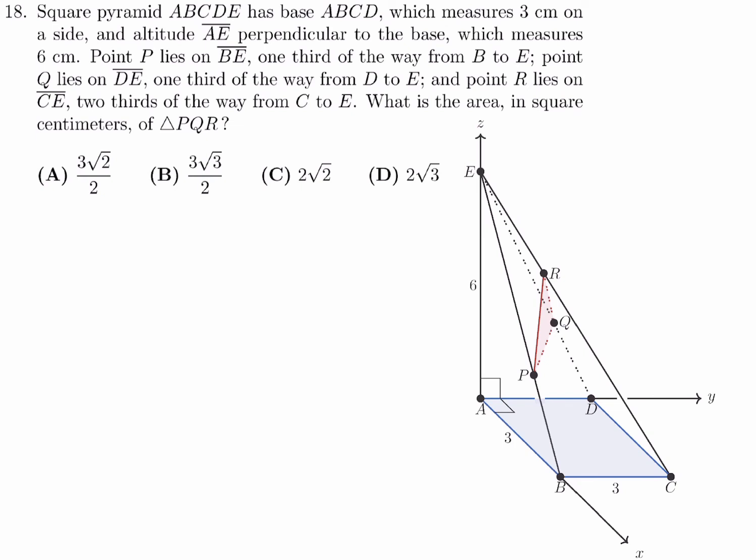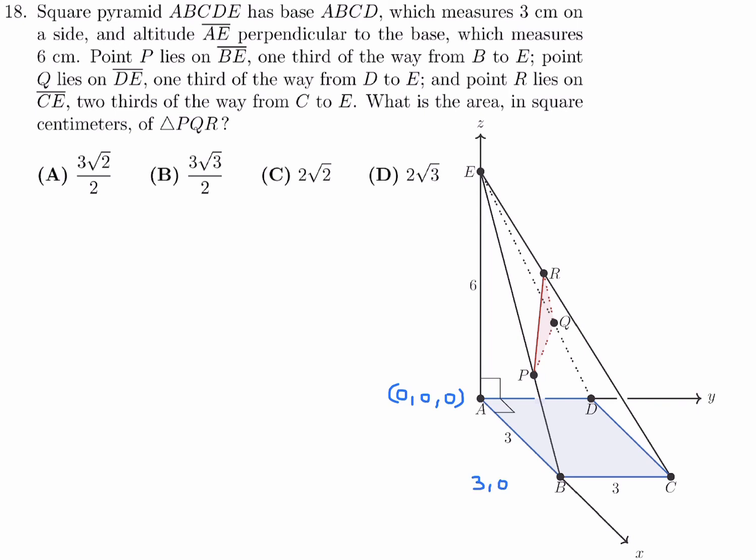This diagram will help us with this question. Everything is labeled according to the question stem. And now let's label some of these vertices, noticing that this is in the XYZ plane. So A right here, that is going to be the origin for us. So that's 0, 0, 0. And then B is going to be on the x-axis.